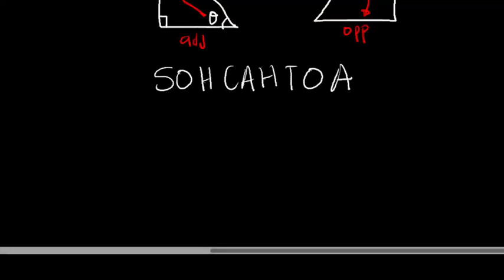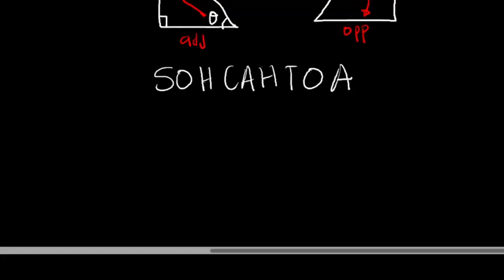Now you have to know that we have different trigonometric ratios, and they are 6, but the basic ones are sine, cosine, and tangent.